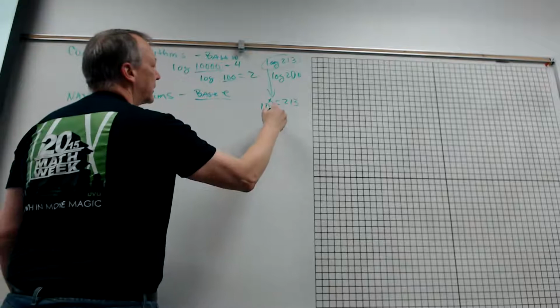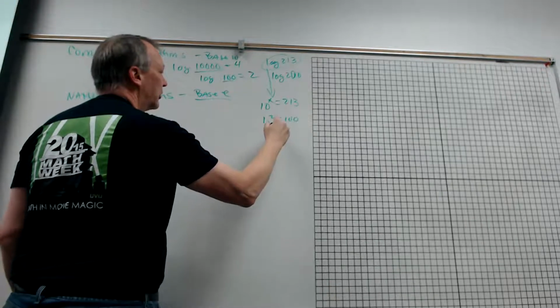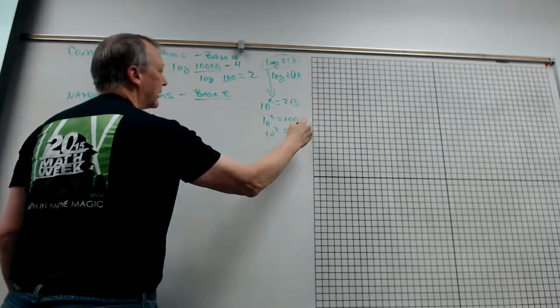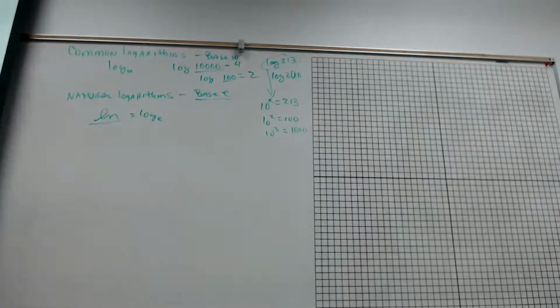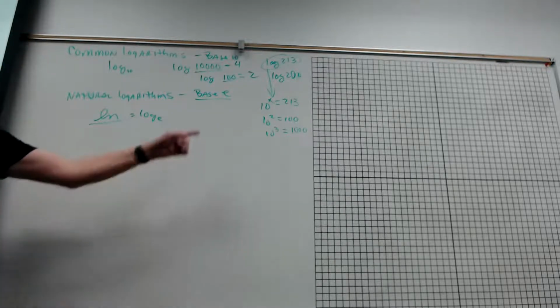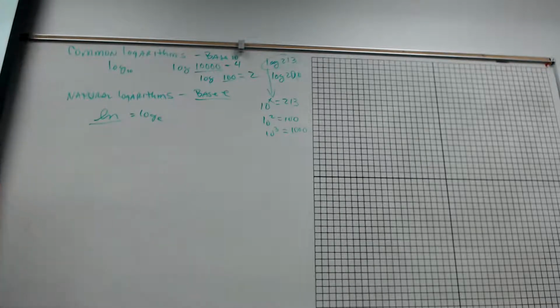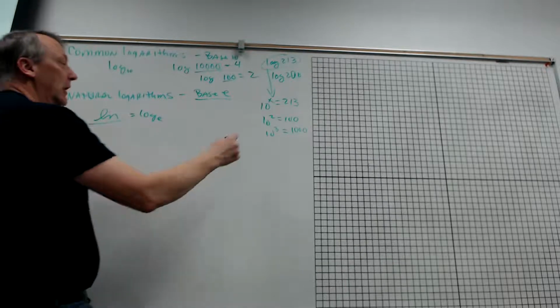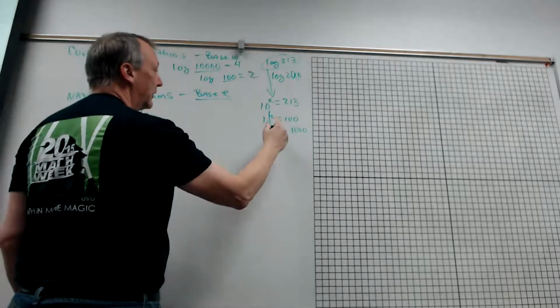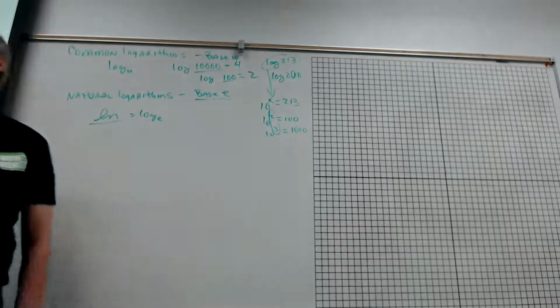Now you know that 10 squared equals 100 and 10 cubed equals 1,000. So you know that the answer is in between 2 and 3, and it might be easier just to plug it in your calculator. Hopefully, you get a number between 2 and 3, because it's in between 100 and 1,000.